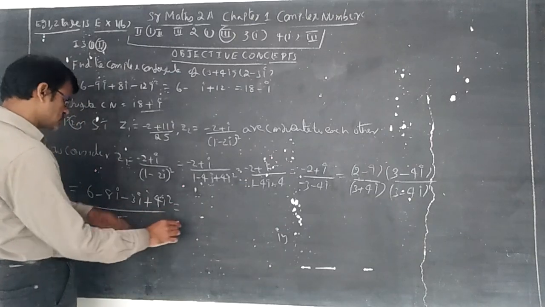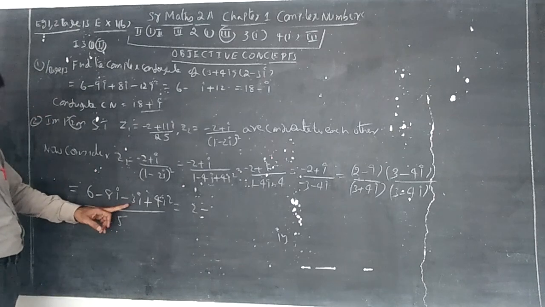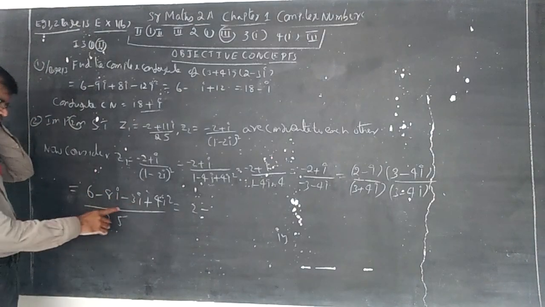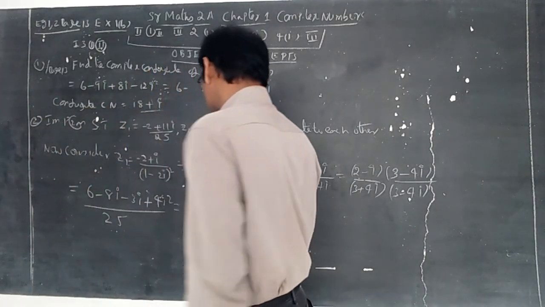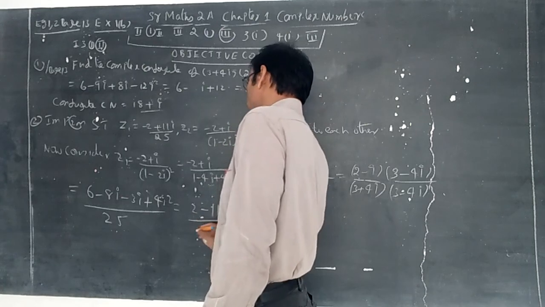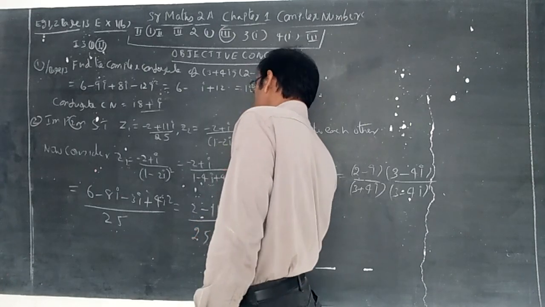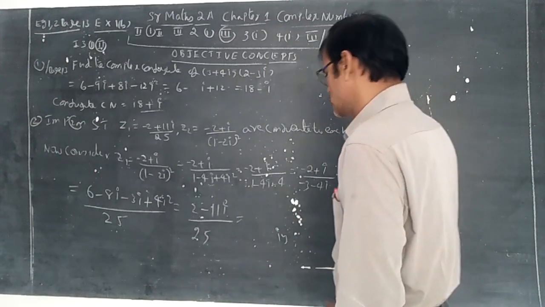Here 6 minus 4 becomes 2, minus 8i minus 11i by 25. We need to get minus 2 minus 11i.